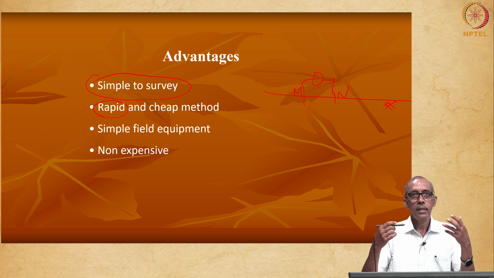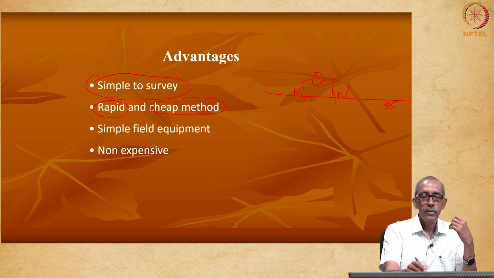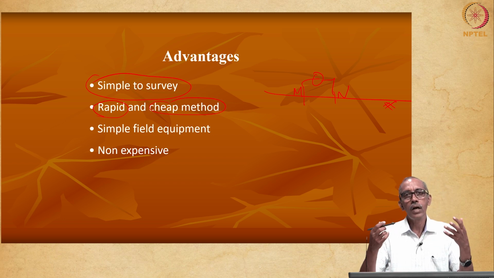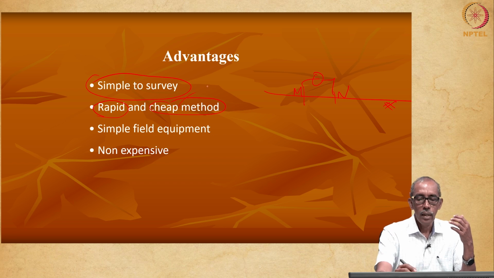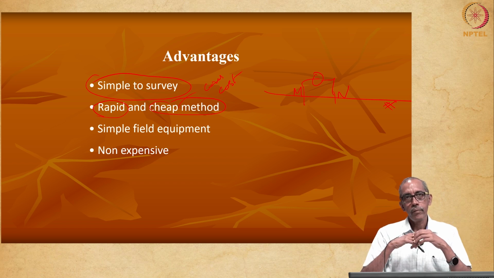Once you can run the survey very rapidly, it is going to be the cheapest method. That means cheap in terms of cost, I am referring. The cost is very less if you are going to do the survey.